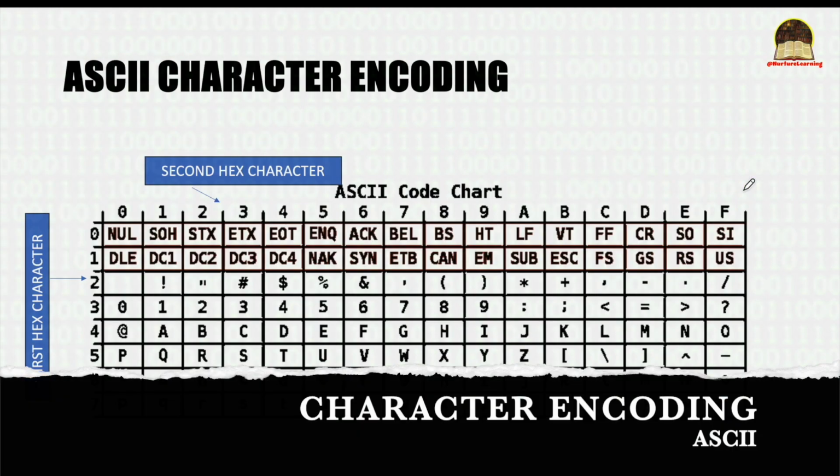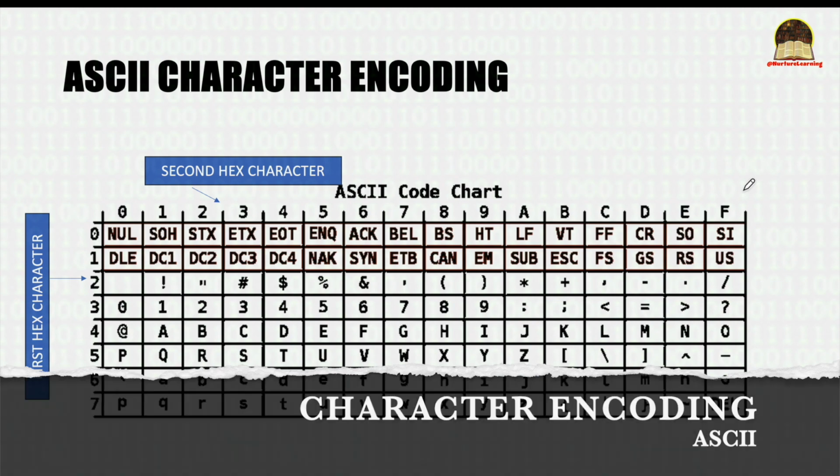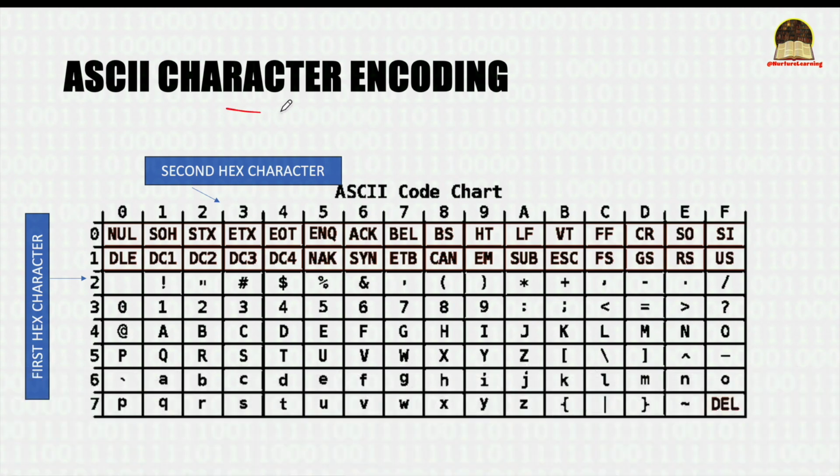Similarly, for ASCII also we have a character coding chart, and ASCII is primarily used in modern-day computers. I'm not showing UTF because Unicode is a big character set and cannot be represented here, but this gives the idea of what exactly character encoding is.